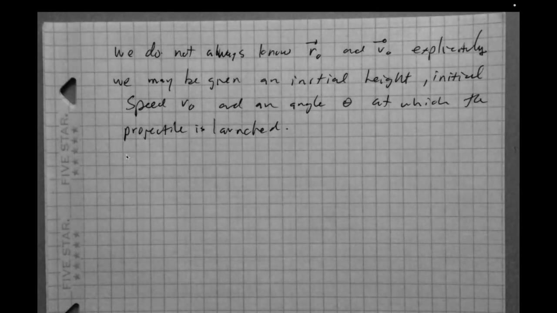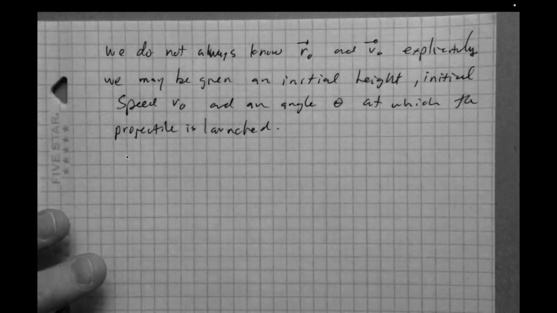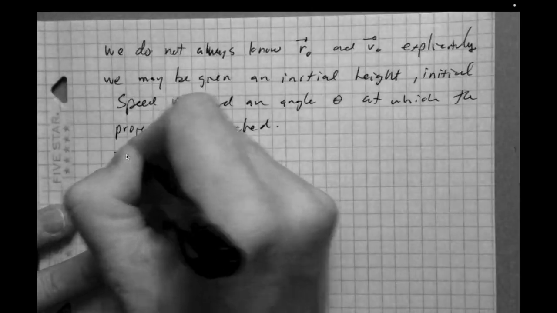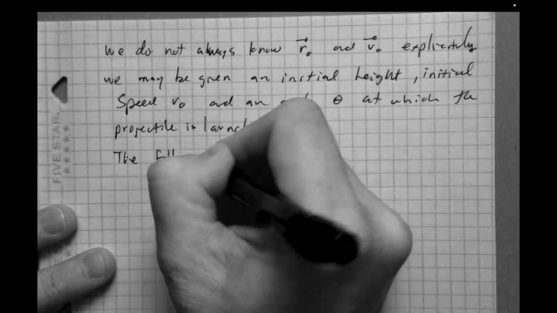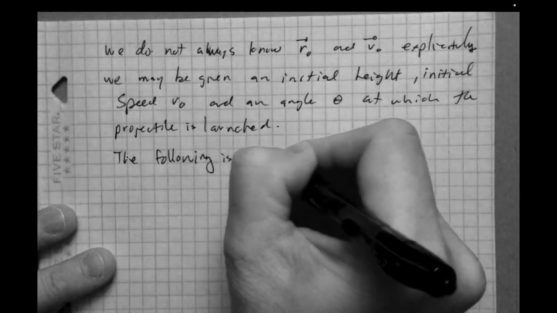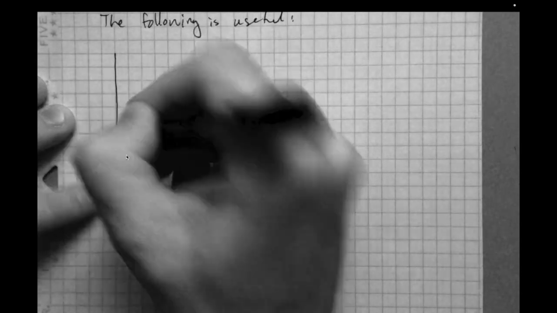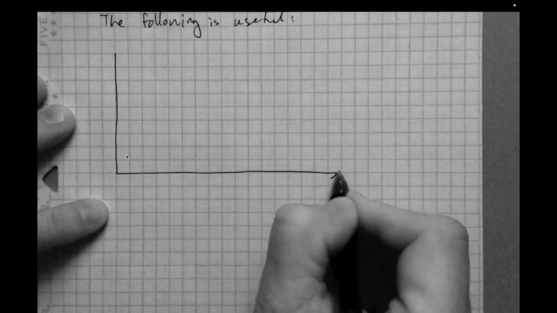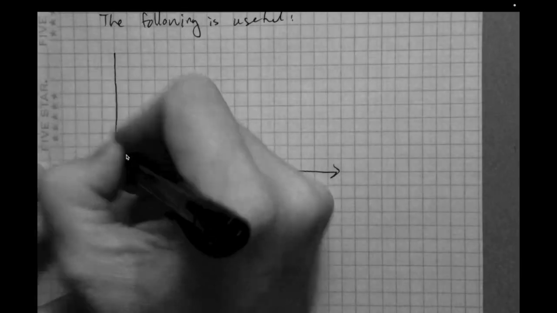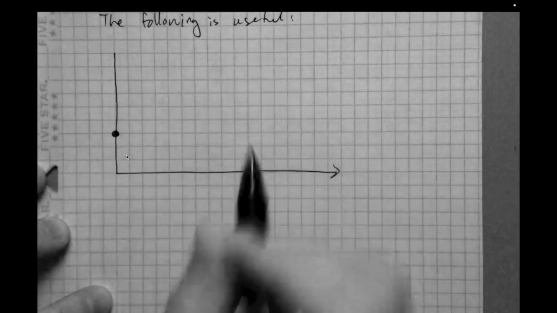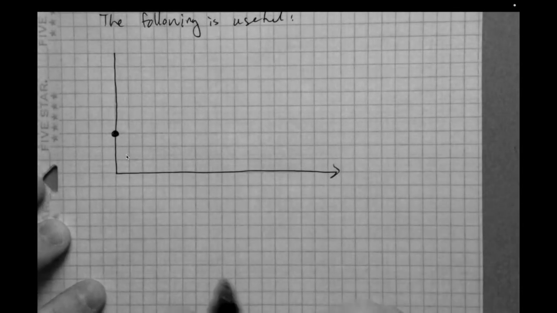Because this is pretty typical, there's a nice little schematic we can work out to help aid us with these problems. So the following is useful. Imagine a coordinate system here. Your particle maybe starts here, at the height of the apparatus.